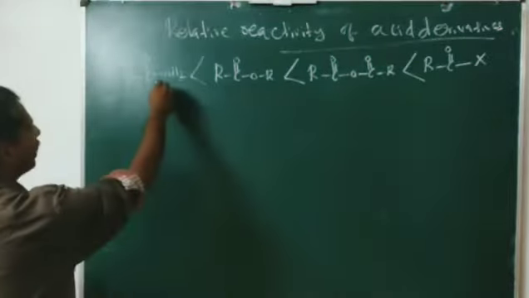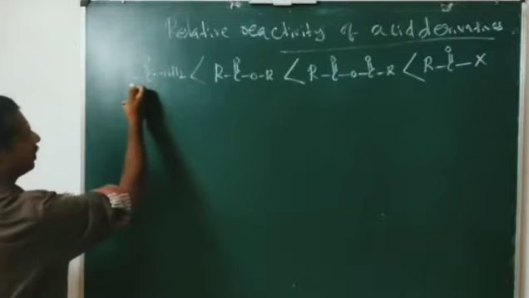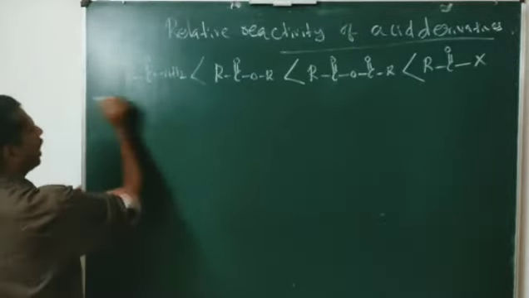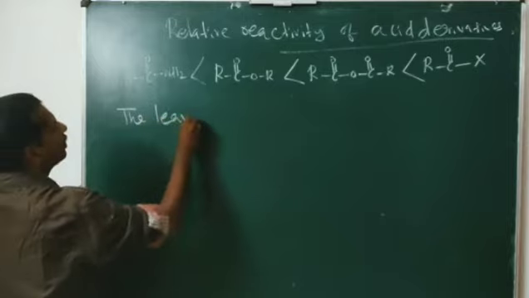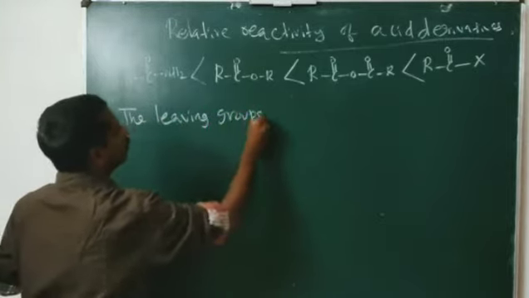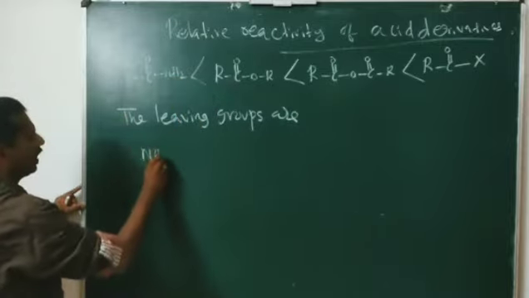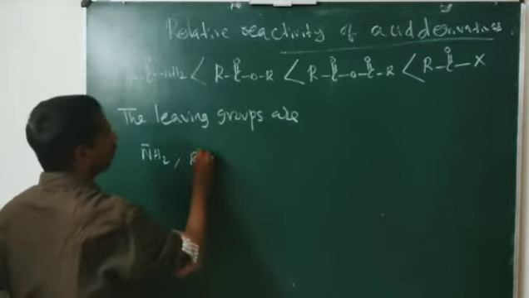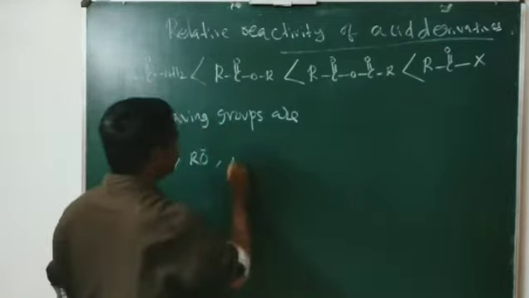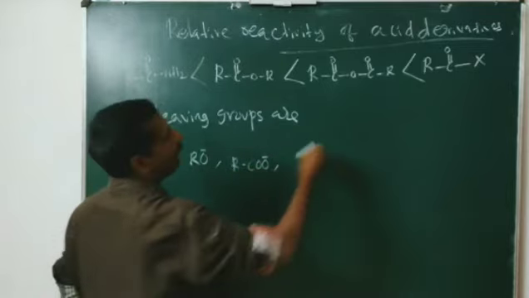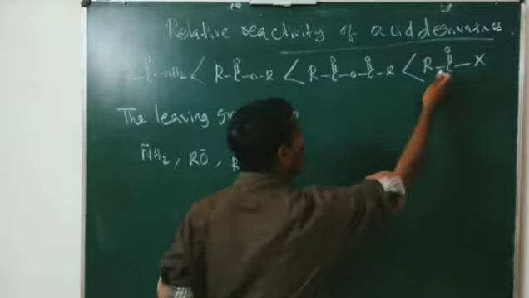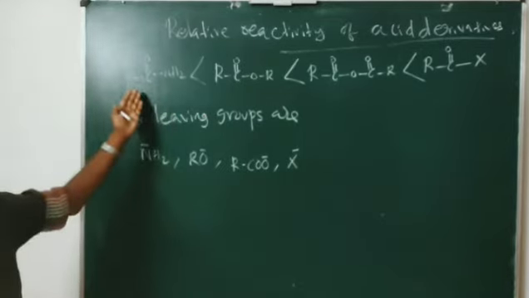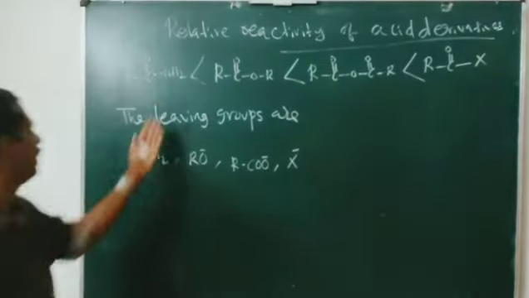Now look here. The leaving groups: when amide is reacting, the leaving group is NH2 minus.